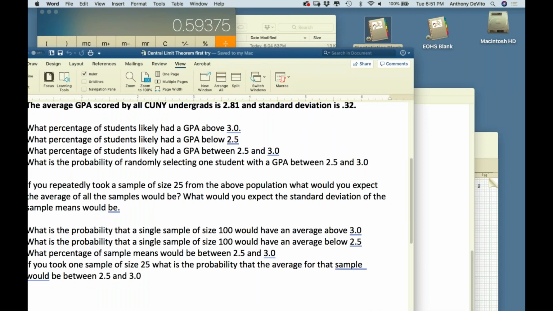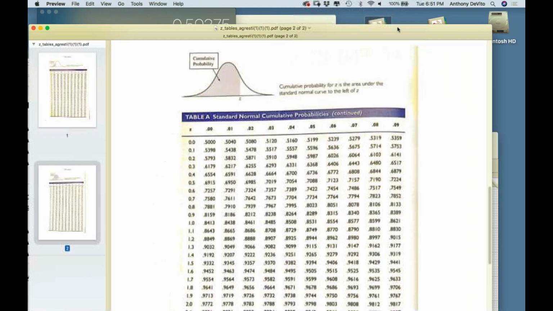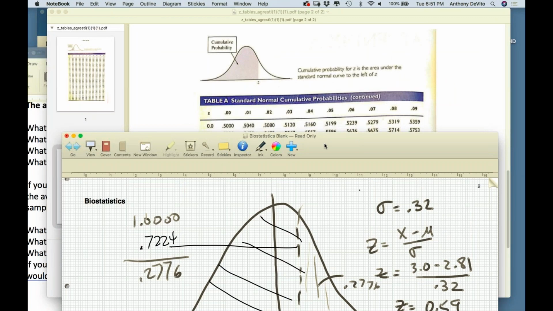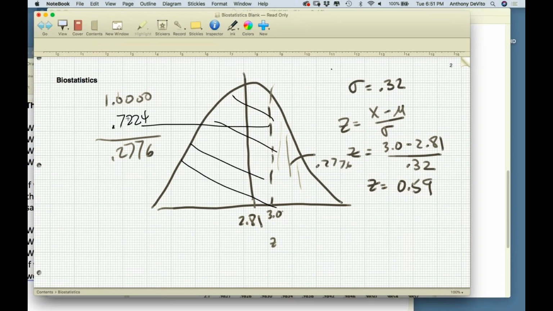Well, we're going to do the same thing, right? This time, we're going to be to the left side of the mean. It's going to be a negative z-score, and that's going to be 2.5. So z is going to be equal to 2.5 minus 2.81 over 0.32.